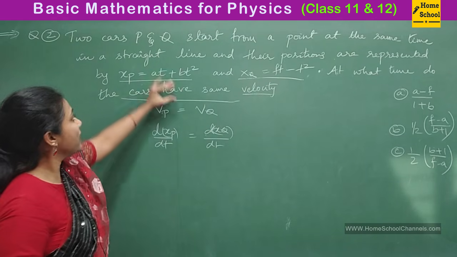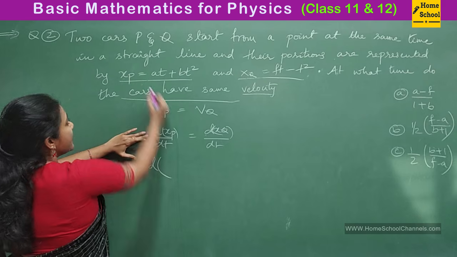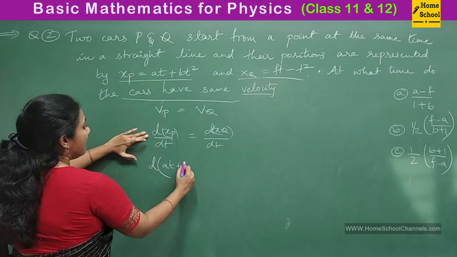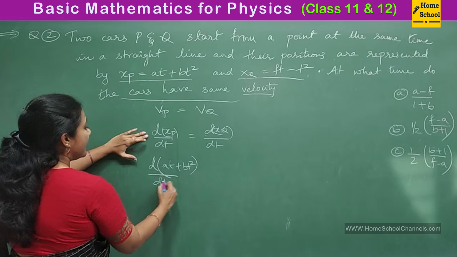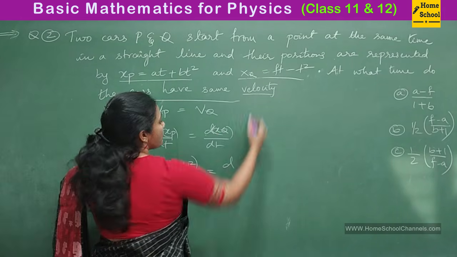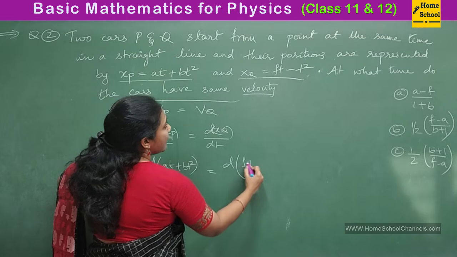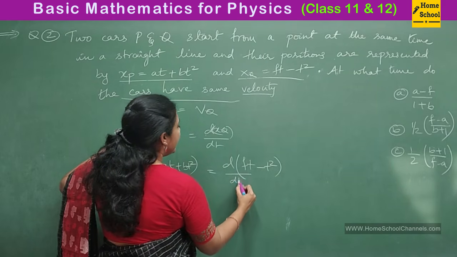You just have to differentiate these equations. So let me do it. Differentiation of xp, at plus bt square, divided by dt is equal to differentiation of xq, which is ft minus t square, divided by dt.